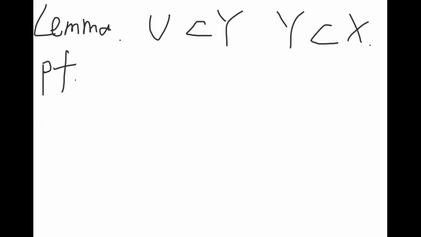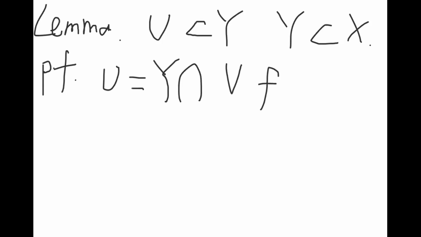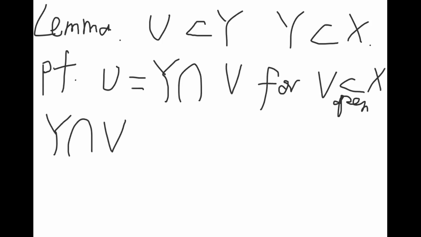Since U is open in Y, you can write it this way: Y intersected with V for some V open in X. And since Y and V are both open in X, so is Y intersected with V. Now we can see that U is also open in X. Well, don't you need... Oh, okay, yeah, sure, I see what you're doing. Okay, yeah. Any other question?